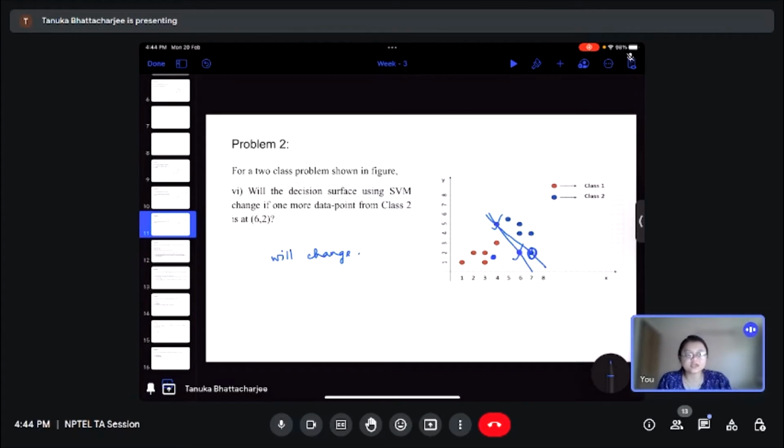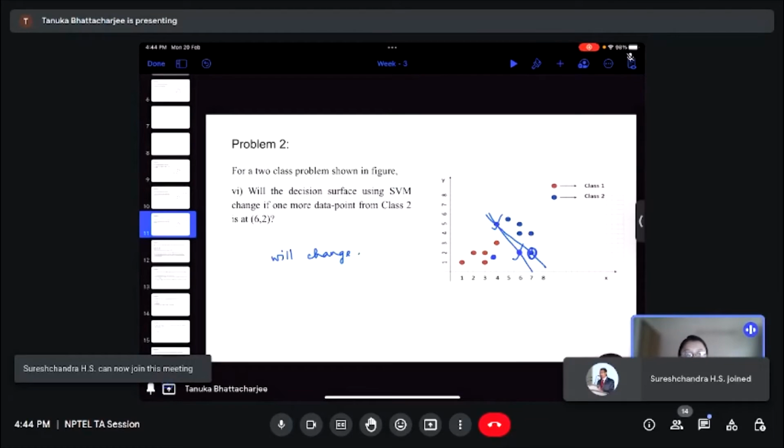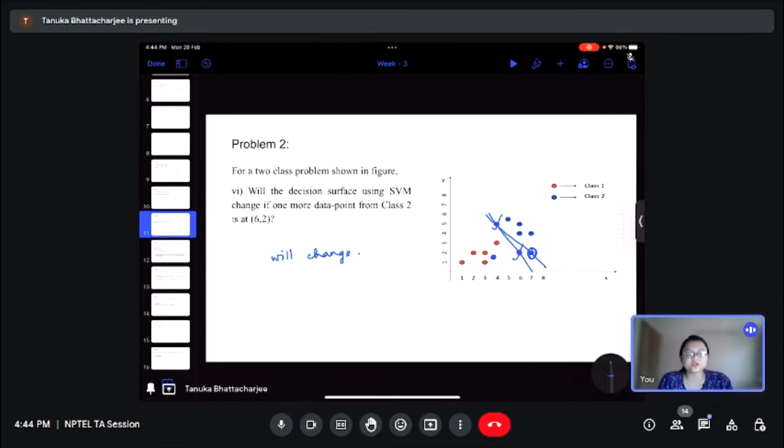decision surfaces. So there is something called soft SVM. There we put a penalty term and we try to minimize that penalty. If you are misclassifying any of the training data points using your decision surface, you get a penalty for that.